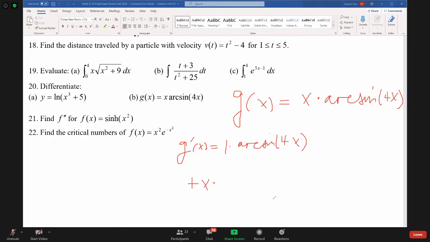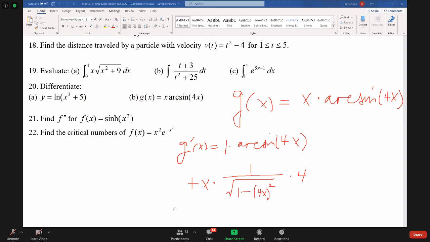By using the chain rule, right? It's 1 over the square root of 1 minus whatever inside, 4x squared, times the derivative of 4x, which is 4, right? So we have finished.